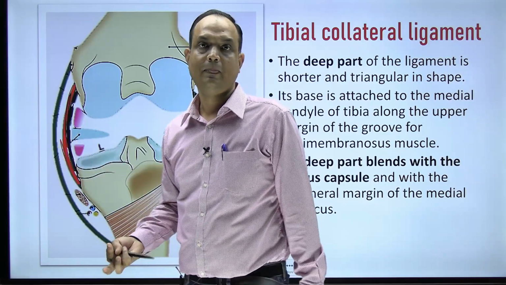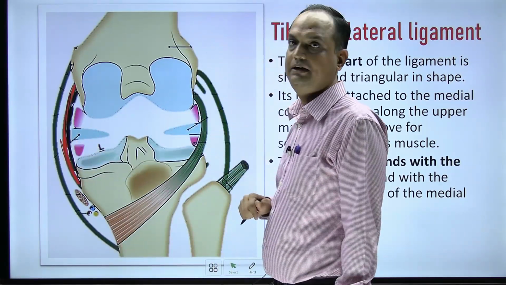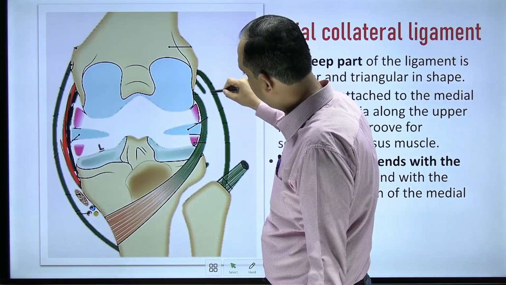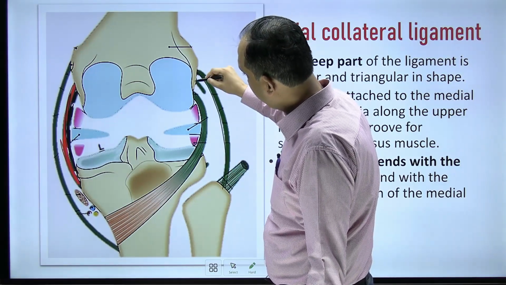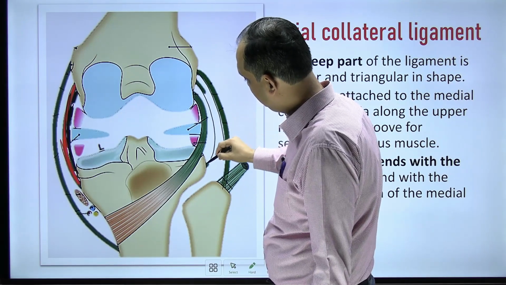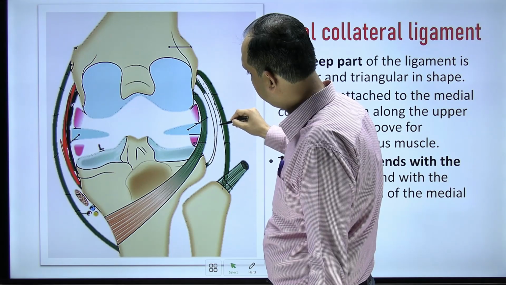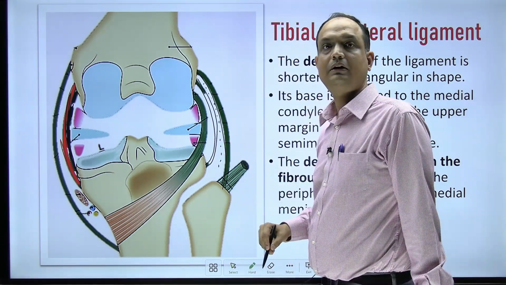this capsule. But on the opposite side, you will realize that this is your fibular collateral ligament, and you have to draw the capsule here, and there is no connection between the capsule and the lateral collateral ligament.